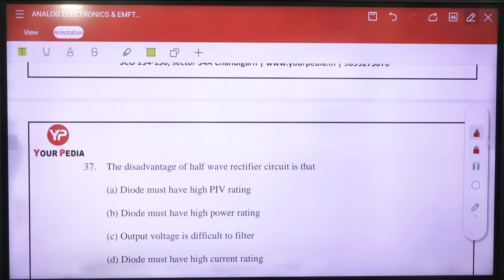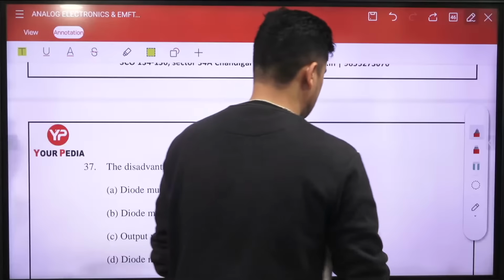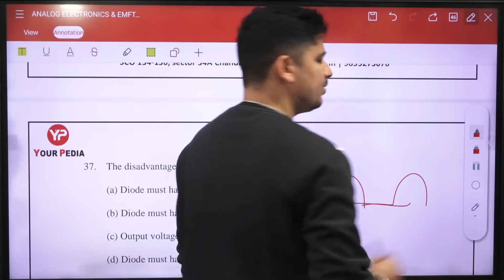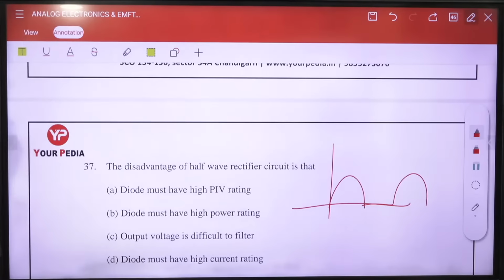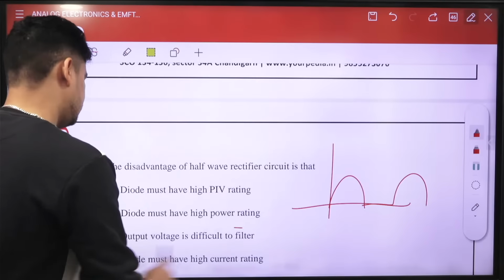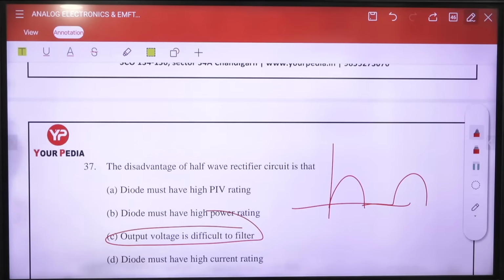Diode must have high peak inverse PIV rating. No, that's not the answer. See, whenever you have a half wave rectifier like this, it has ripple, meaning there is a very large gap inside the ripple. So it means it is very difficult to filter out the output voltage. The answer will be C here.